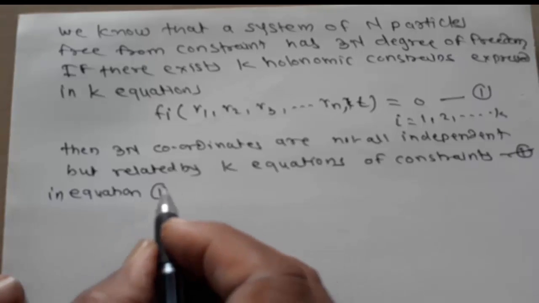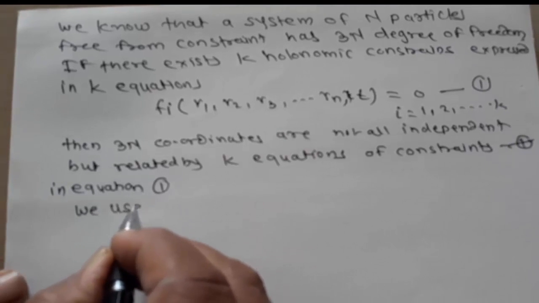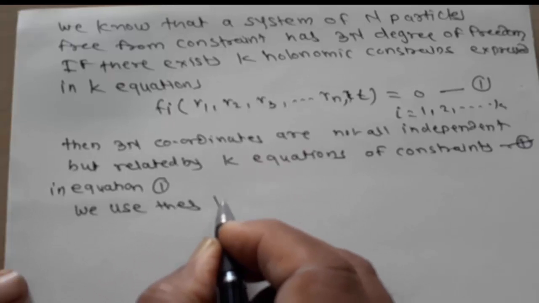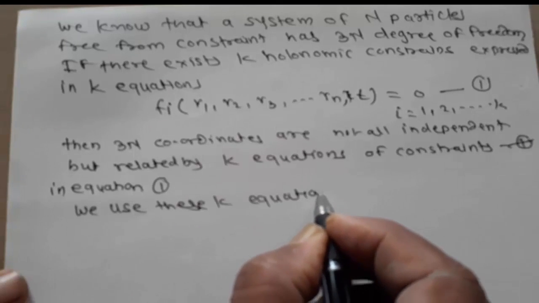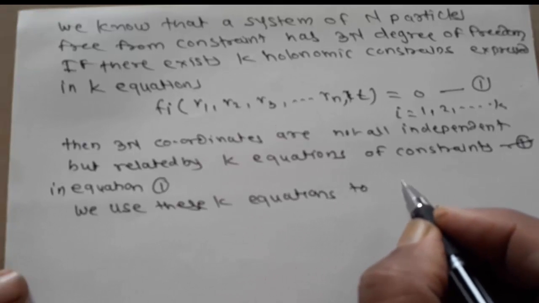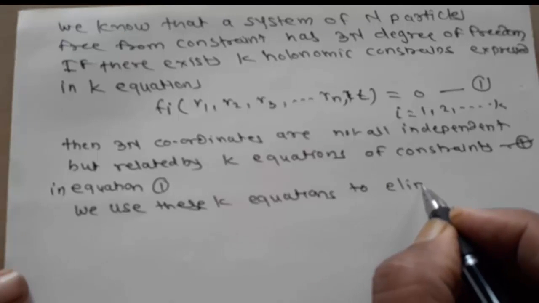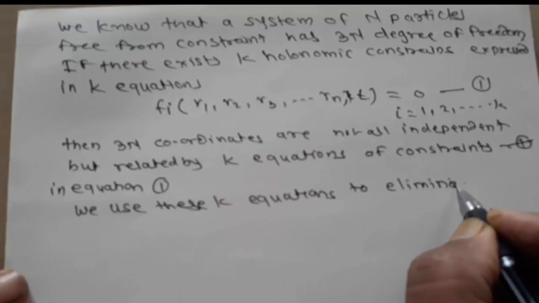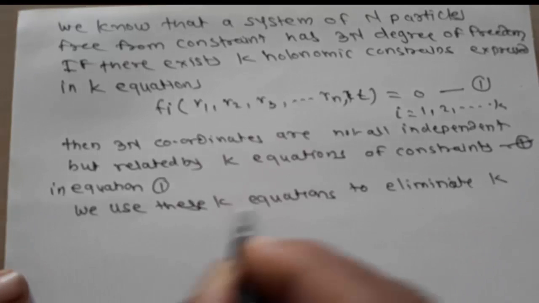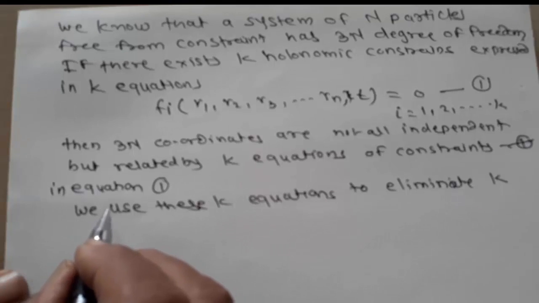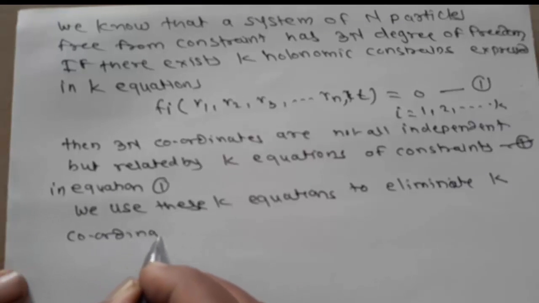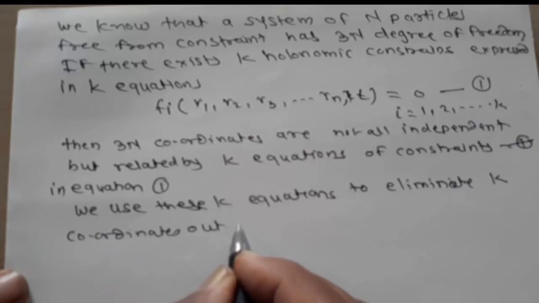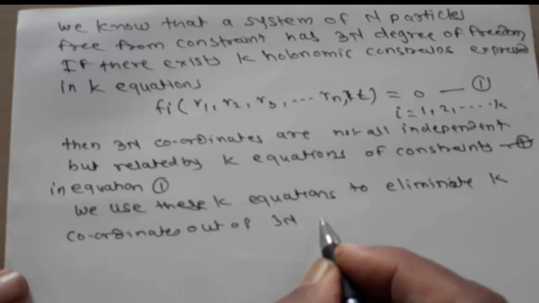We use these k equations to eliminate k coordinates out of 3n coordinates.